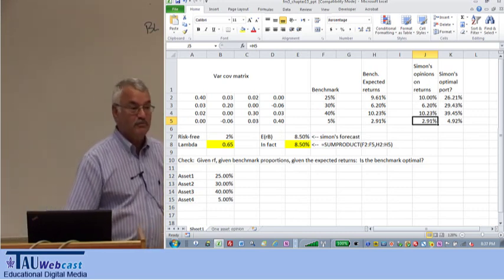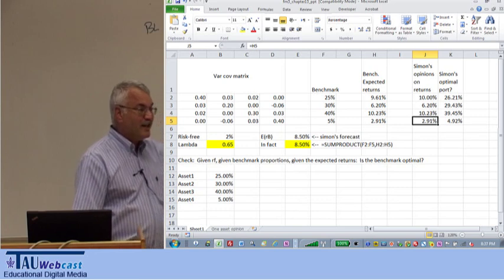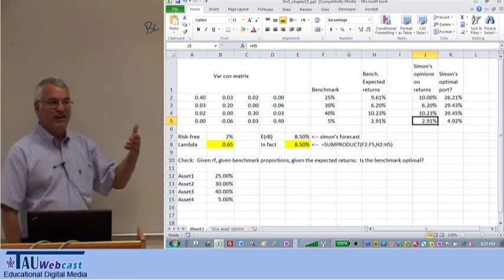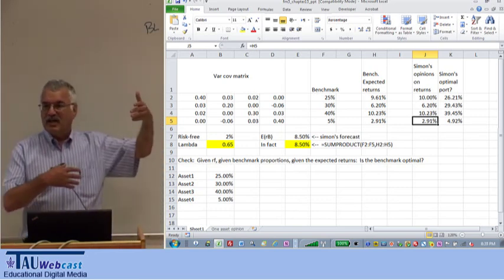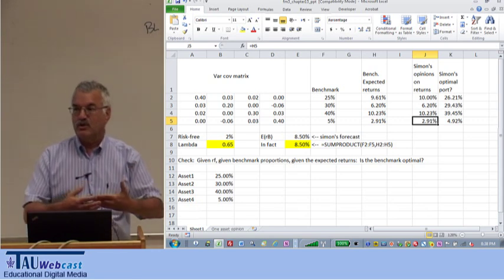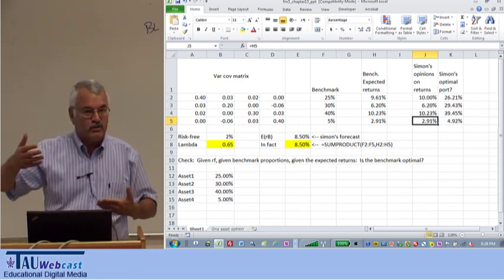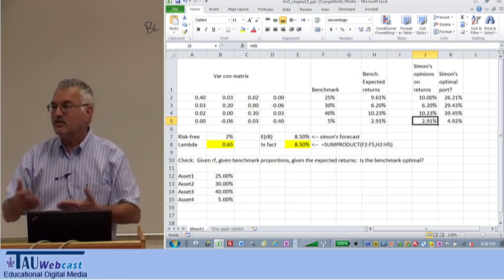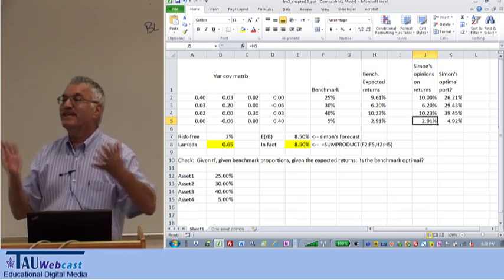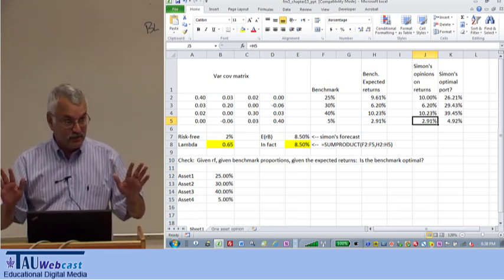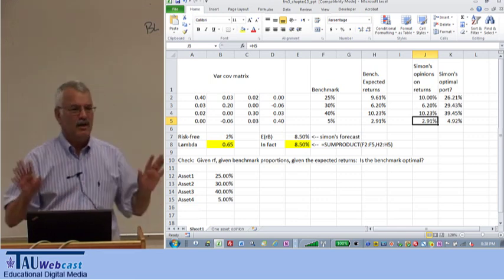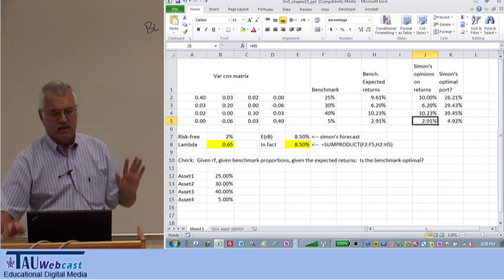I knew that all the time. So it's not quite as simple as it looks. Asset returns co-vary. So if you think that the first asset is going to do better, apparently that means that the other assets are also going to do different. Maybe not better. So I have to make that adjustment. I'll show you how to do that next week.